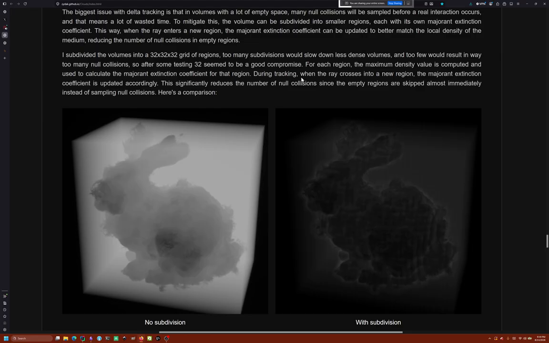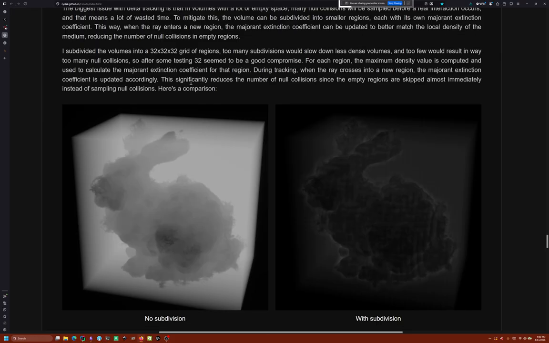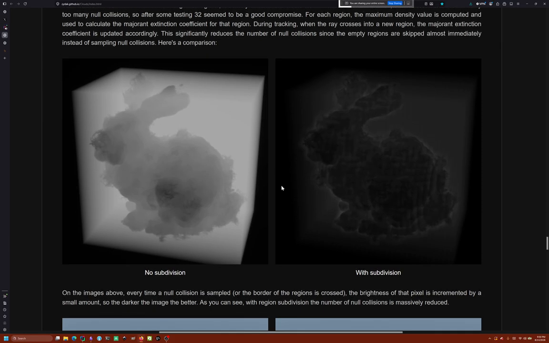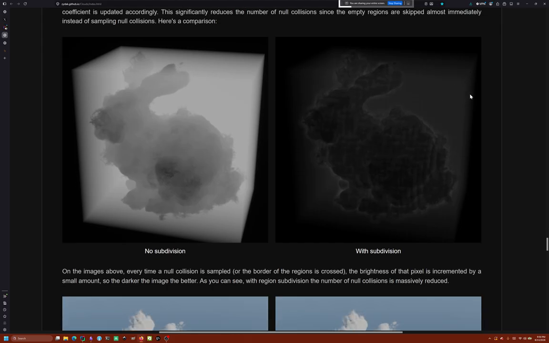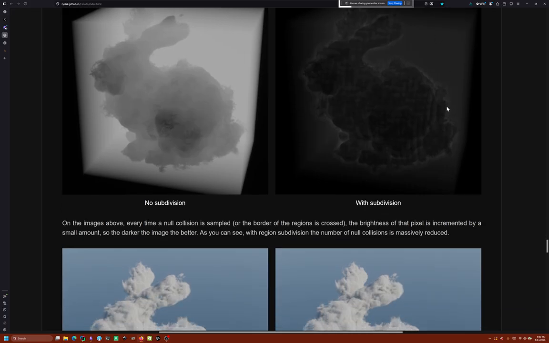During the tracking, when the ray crosses into a new region, it updates with the new value from the grid. This significantly reduces the number of null collisions, since the empty regions are skipped almost immediately instead of sampling null collisions. Without subdivision, a lot of time is spent in empty space, whereas if you can skip that, it's a good thing.